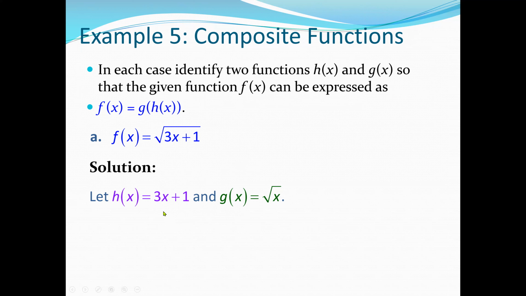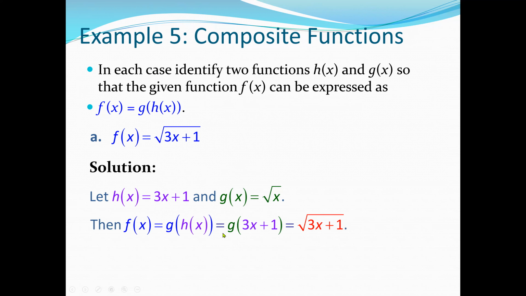So here we let h at x become 3x plus 1. Then g at x will be square root of x. Then we have f at x equal to g composite h at x, which will give me g at 3x plus 1. And finally, we get square root of 3x plus 1, because g at x is square root of x.